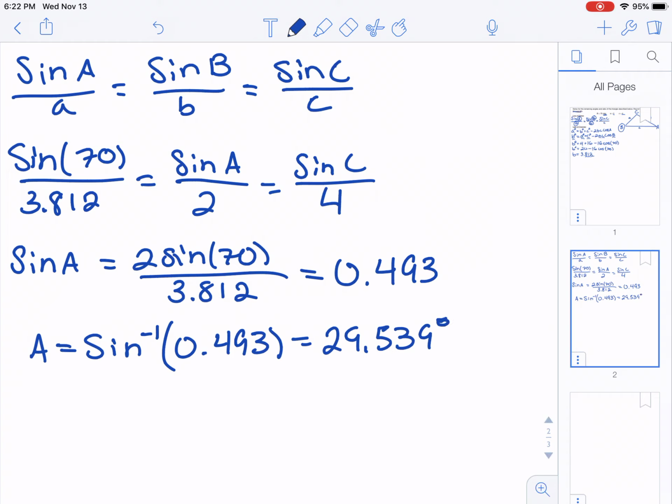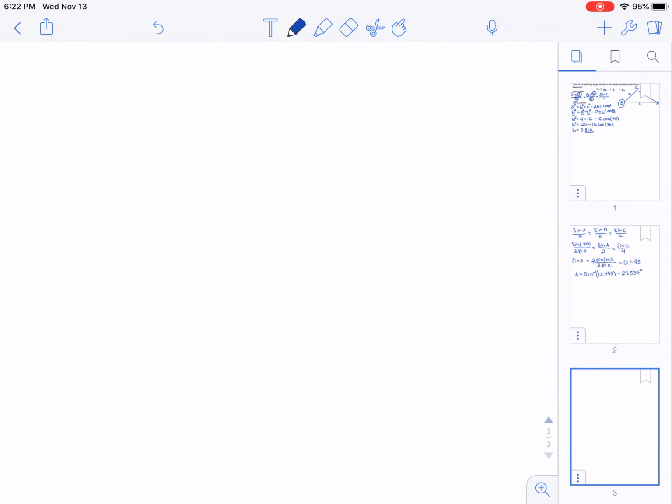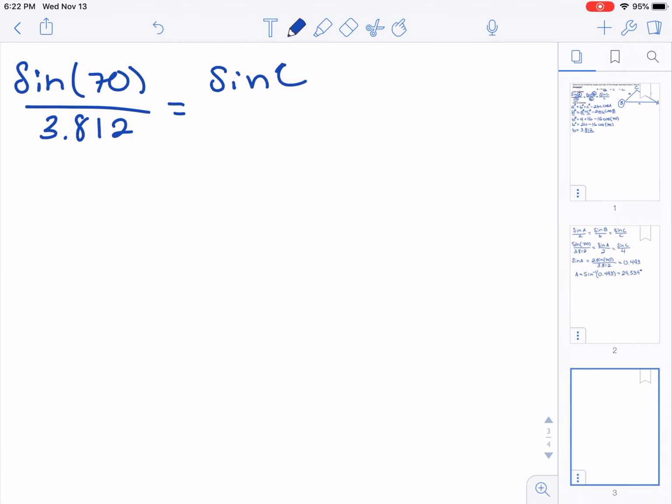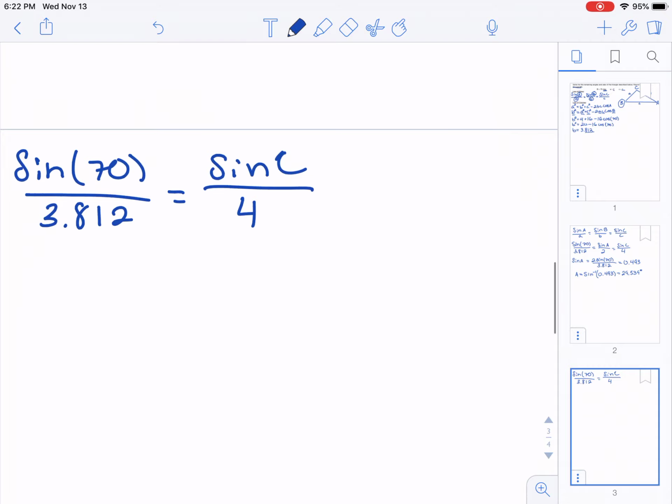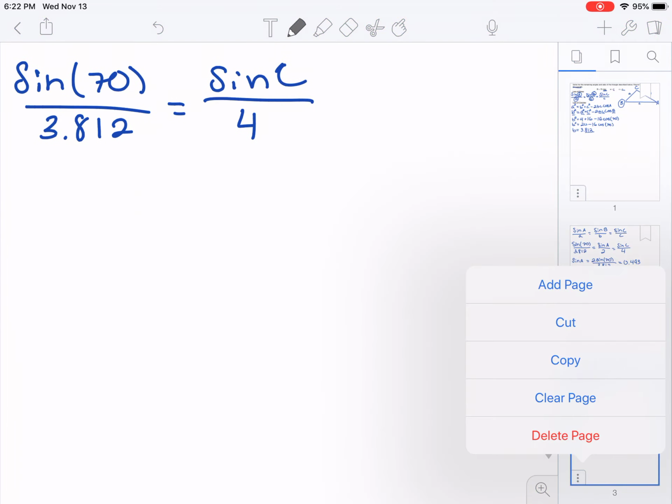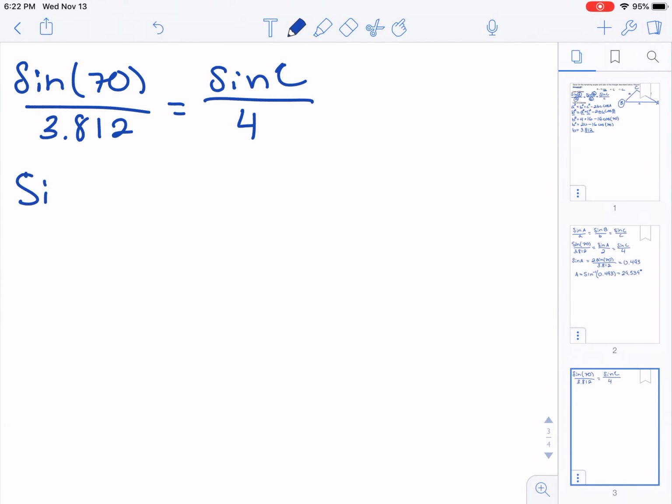All right, now do the same thing, exact procedure for C. I'm going to move to another page. So for C, we had sine of 70 over 3.812 equal to sine C over corresponding side length, which is 4. So again, now we're multiplying by 4 on both sides, so we end up with sine C is equal to 4 sine 70 over 3.812.